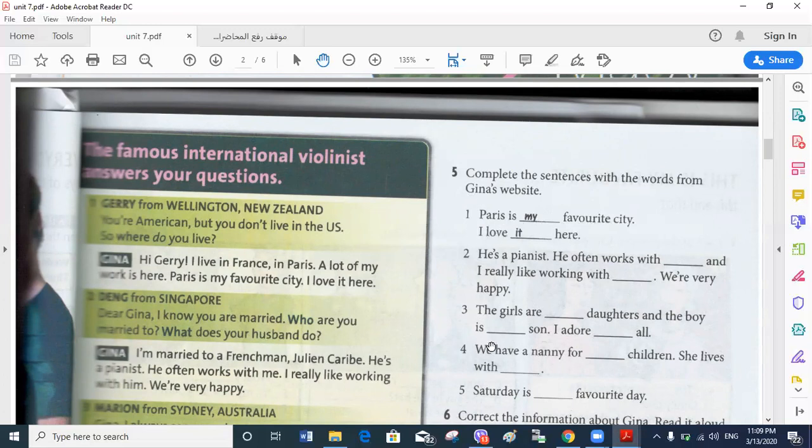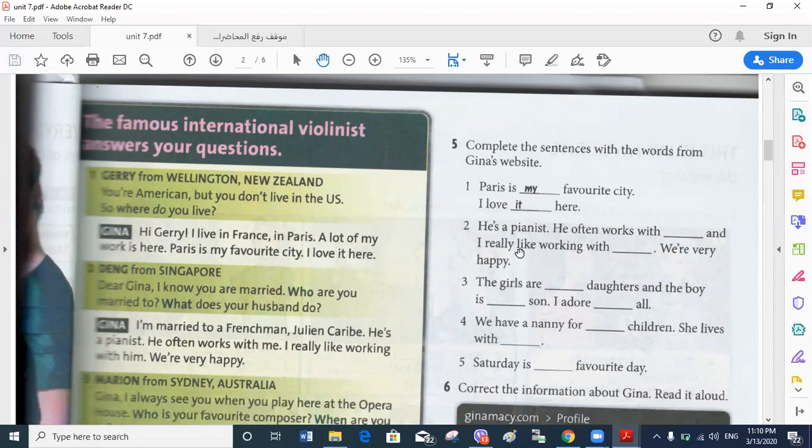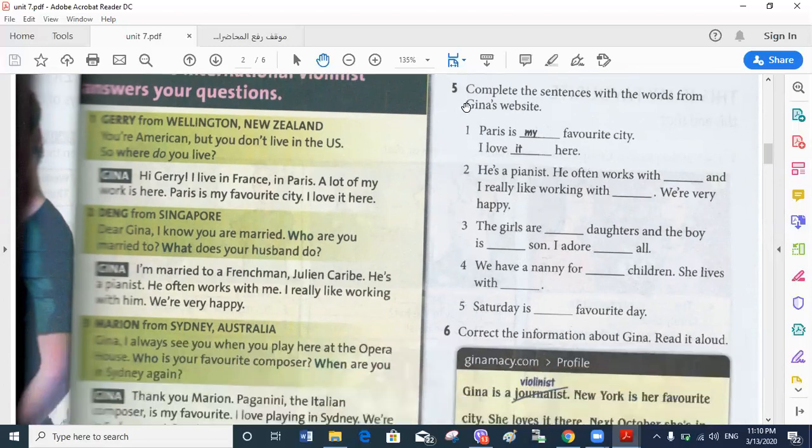In this part, we are talking about how to use the possessive adjective, صفات التملك, and also how to use the object pronouns, ضمائر المفعول به. So you have to complete also these 5 sentences using these 2 types of words.